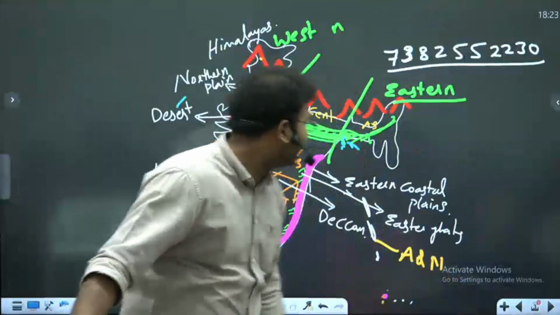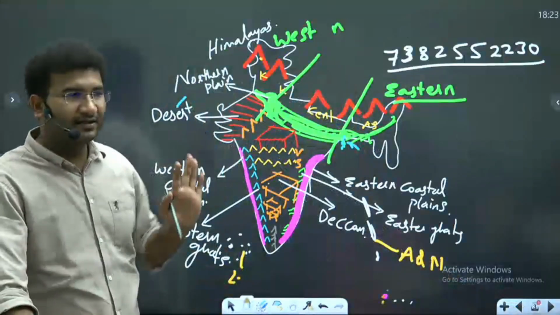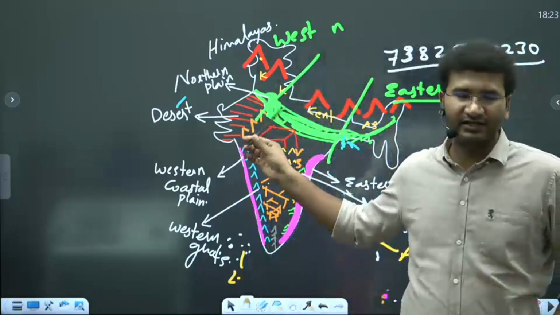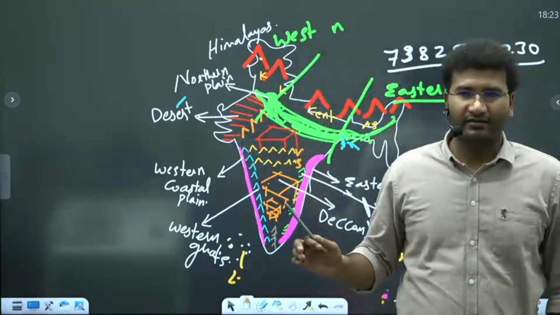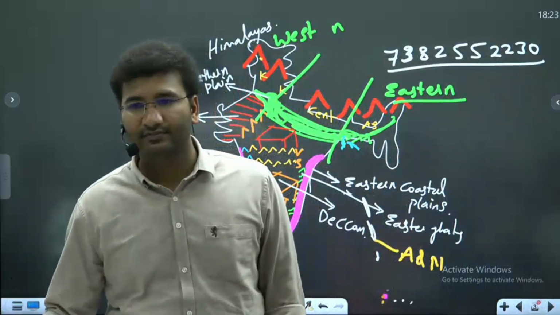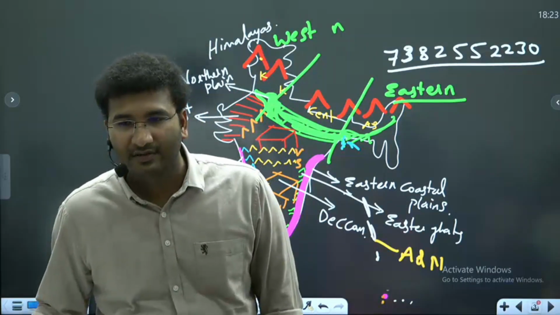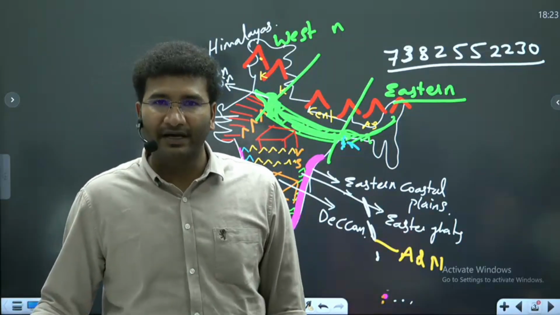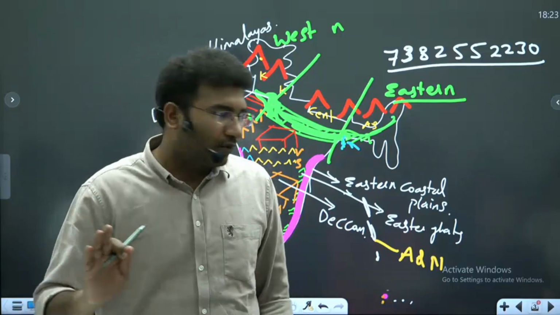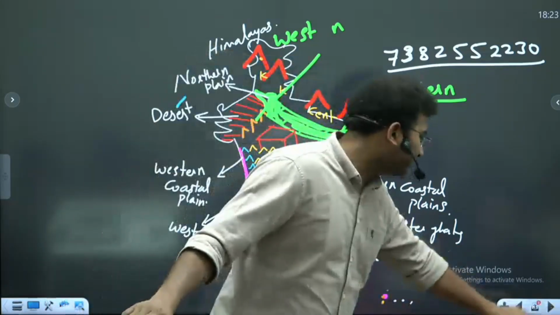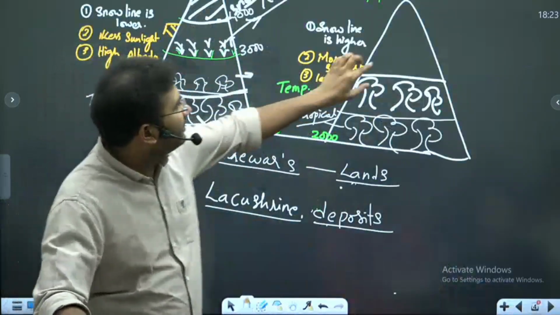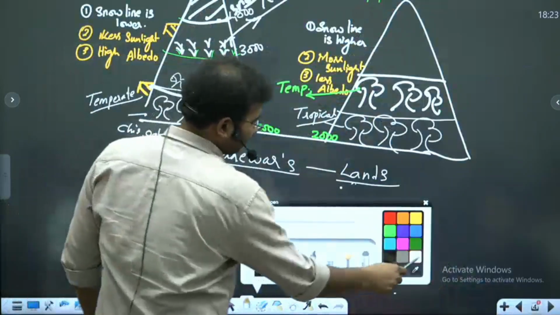These are the fundamental differences between the Eastern Himalayas and Western Himalayas. Any doubts which you got here? I'll be moving towards the deserts, the formation, and the other aspects. Above temperate, you'll find the Eastern Himalayas. Whatever vegetation you see on the Western Himalayas above temperate, similar vegetation you will see here.